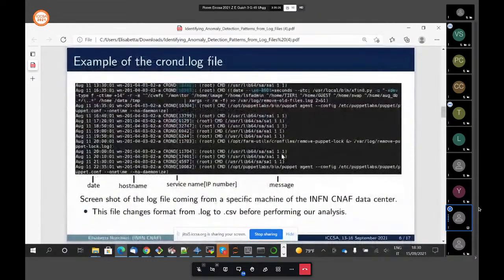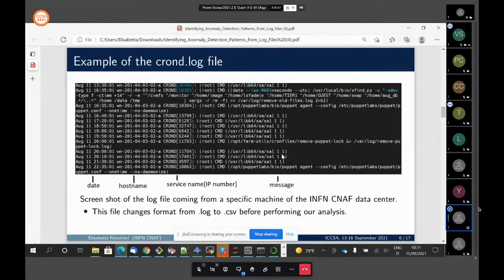Okay, here is reported a screenshot of the crond log file, the service that runs on a specific machine at the data center. The specific machine is recognizable by the host name. In this case, a specific acronym is used, WN, that stands for worker node.